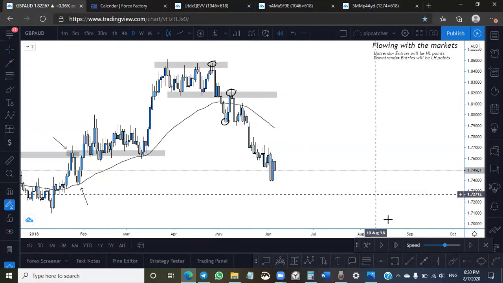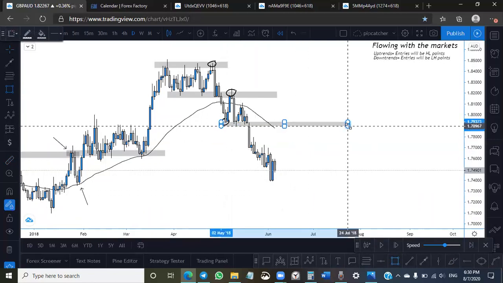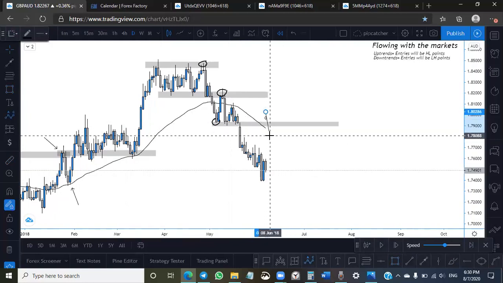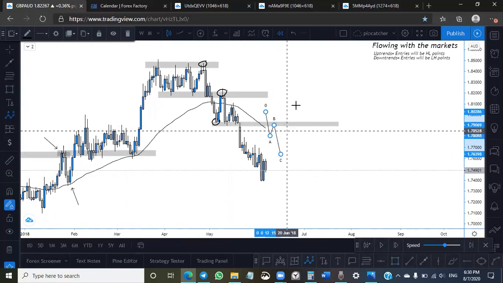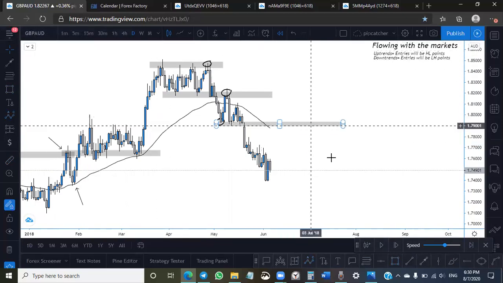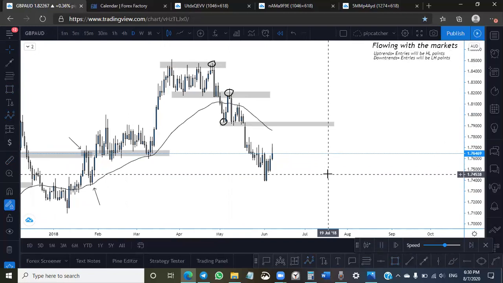And where was the previous structure that was broken? It is about right in here. So potentially we can see the market break structure, retest, and continue to the downside for sell opportunities. So let's play this out.